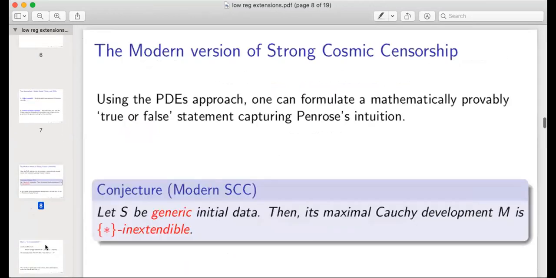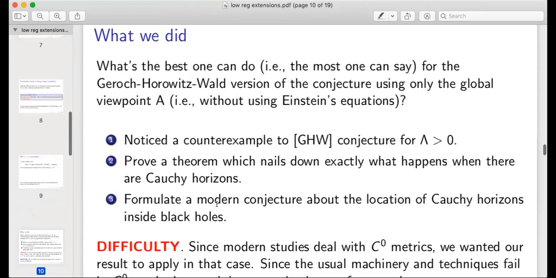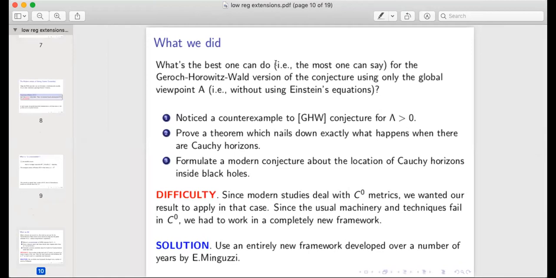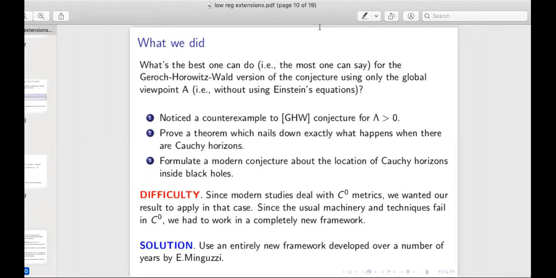Are there any questions at this stage? Basically, the picture is this. Roger Penrose comes up with an intuition. This intuition is vague, it's not mathematics, but it is based on some calculations and some good work by students of his.